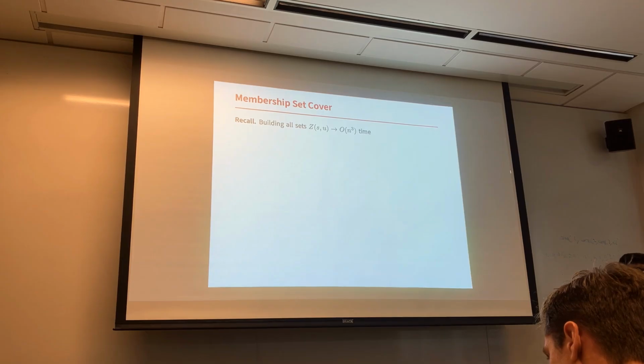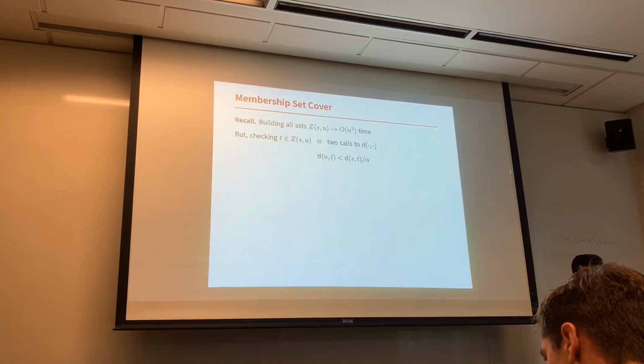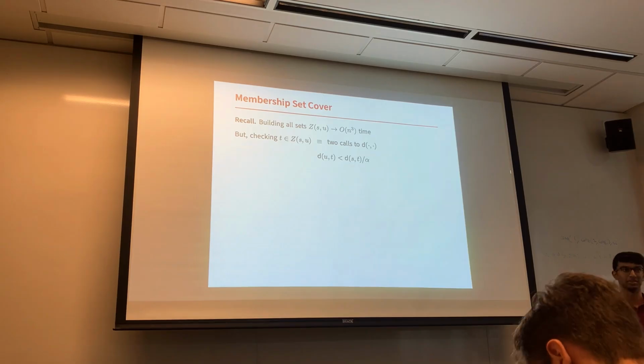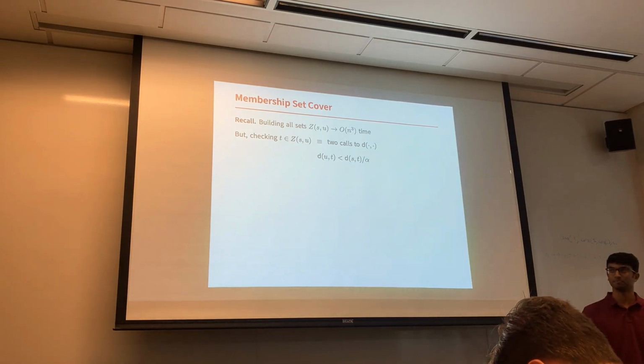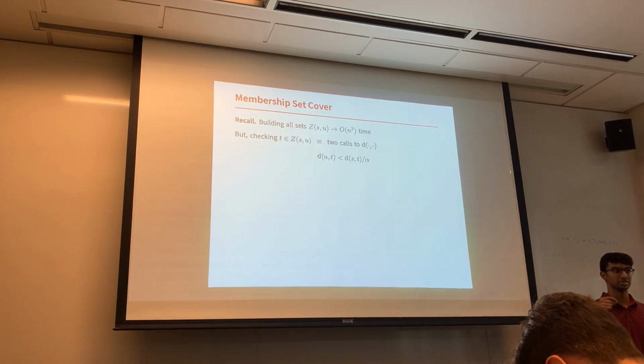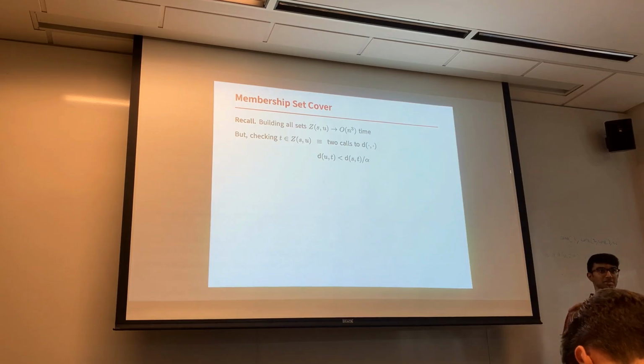But there's one property of our navigability problem that helps us, which is that if you gave me a particular target T and a particular set corresponding to an edge from S to U, I can check whether the element is contained in the set in constant time. All I have to do is check whether the distance from U to T is smaller than the distance from S to T divided by alpha. So this is a constant time operation.